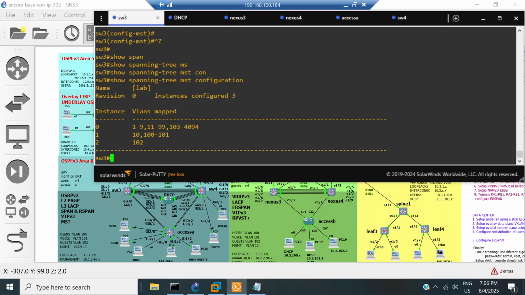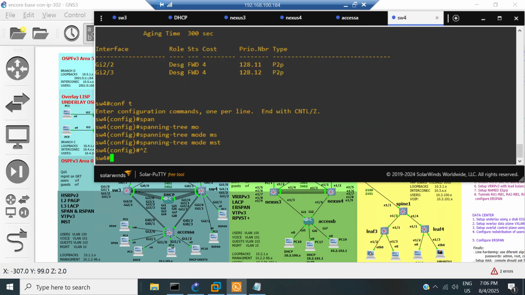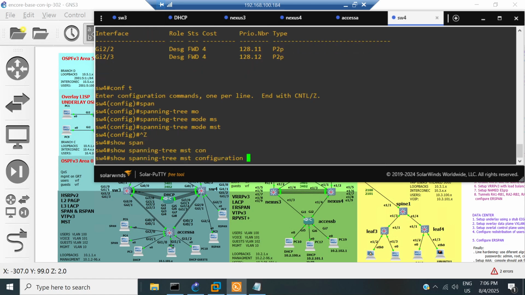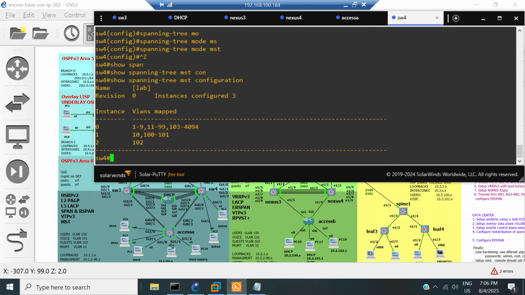So let's see what happens here at switch 4. Show spanning tree MST configuration. And I didn't configure MST here, but given I am using VTP version 3, VTP made sure to inject this configuration automatically.